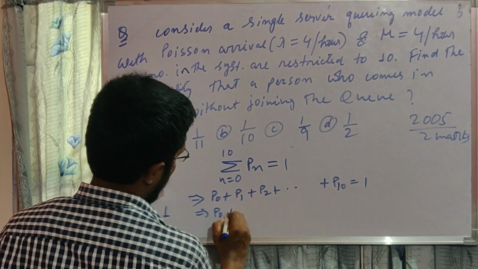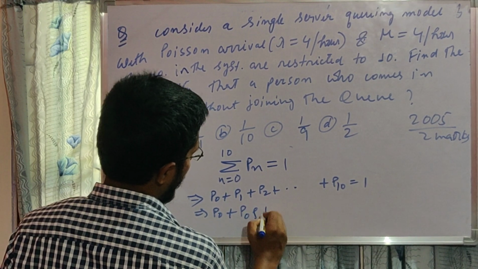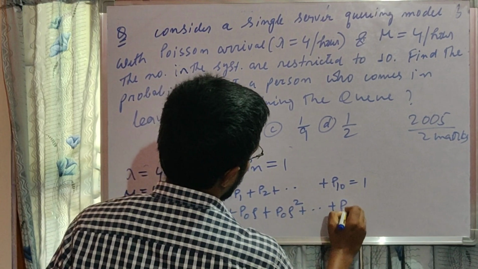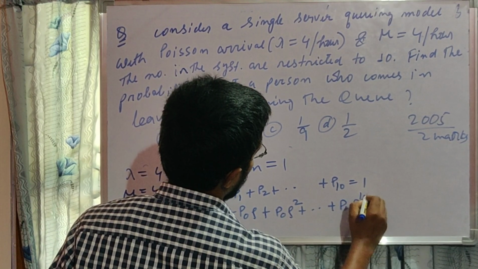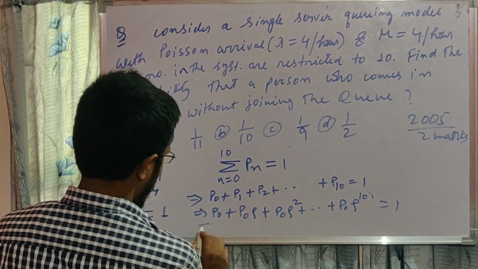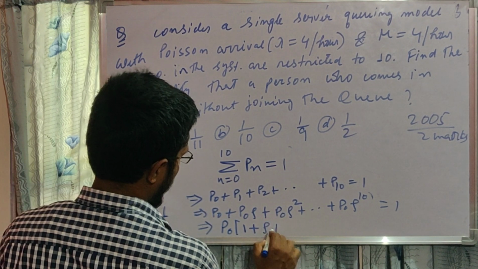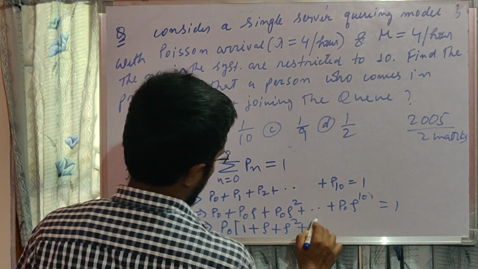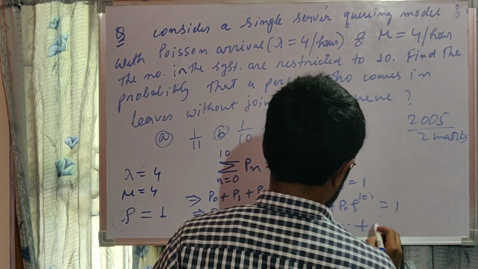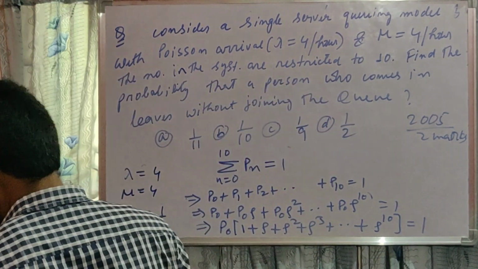P1 is P0 into rho, P2 is P0 into rho square, up to P0 into rho to the power 10 equal to 1. Taking P0 common, 1 plus rho plus rho square plus rho cube up to rho to the power 10 is equal to 1.